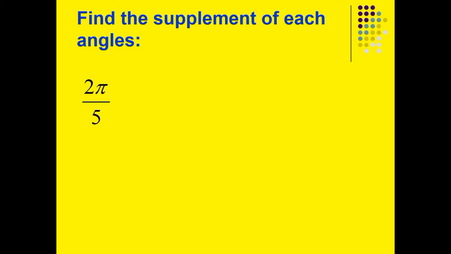So now we need to identify its supplement. Since this one is equivalent to 72 degrees, this is the initial side and this is the terminal side, so this is 72 degrees. Since it is a supplement, we subtract 72 from 180.